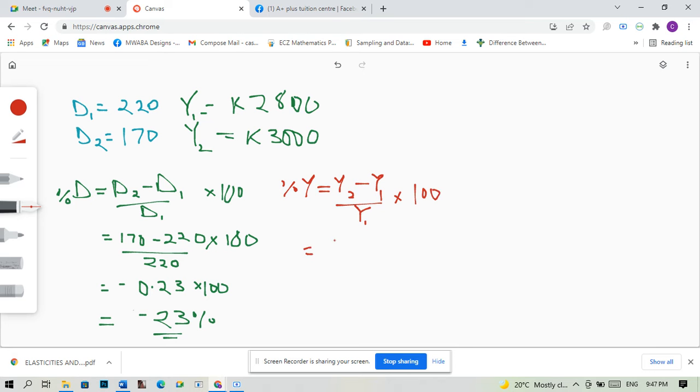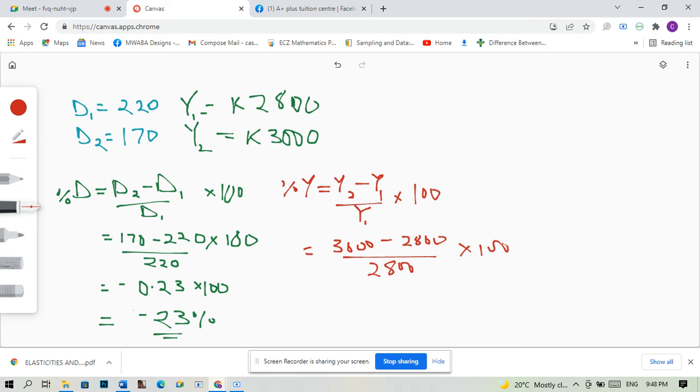Y2 is 3,000 minus 2,800, over 2,800, times 100.